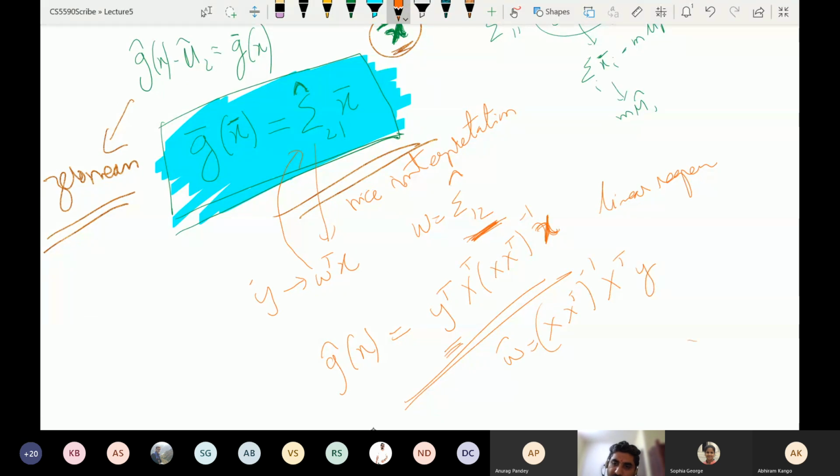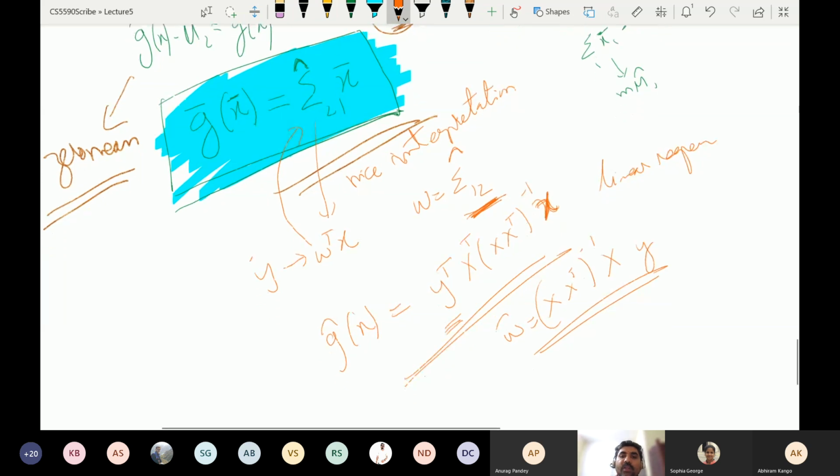Let me just check. So it was x into y, right? Okay, so this is with the transpose.